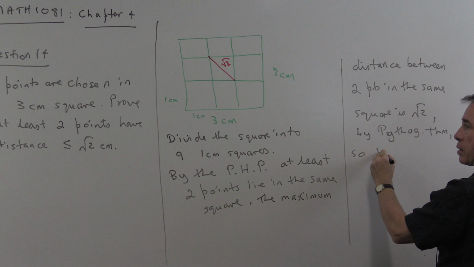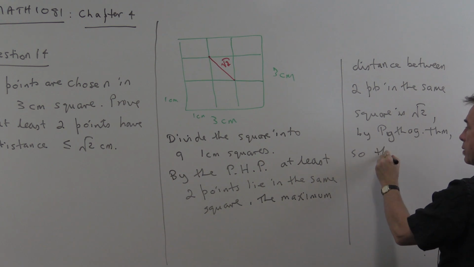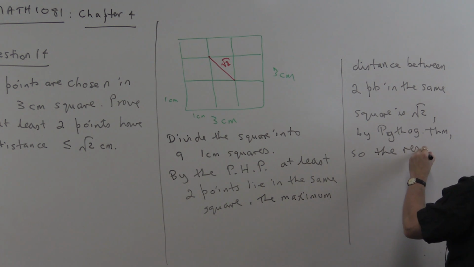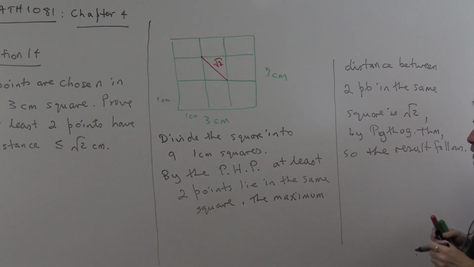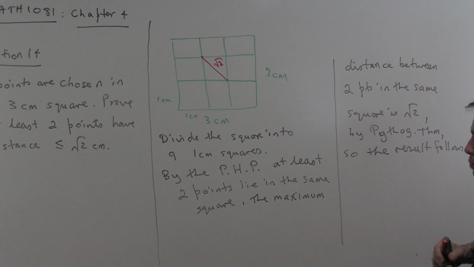So the result follows. So at least 2 points have to lie in the same square by the pigeonhole principle, and we've shown here the biggest distance they can be is √2 centimetres apart, and that's what we were asked to show.